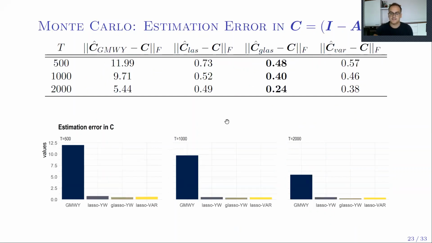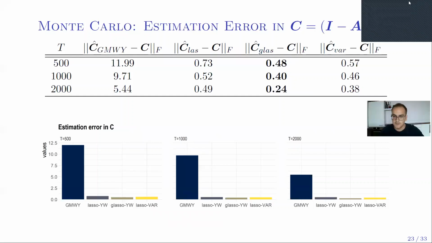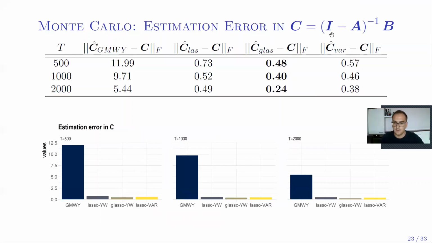And this is quite interesting: if we look at what would happen if we consider the reduced form estimator, so we convert our estimates for A and B into the matrix that appears in the reduced form VAR, then we can also compare ourselves against the reduced form VAR estimator, as mentioned before. We see that clearly the OLS banded estimator is still performing inferior.